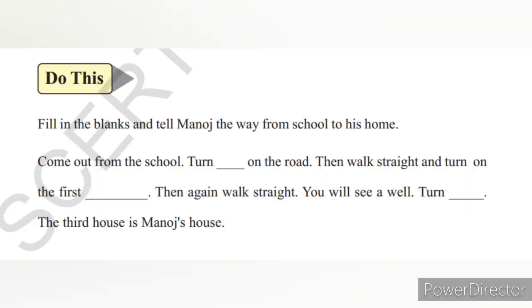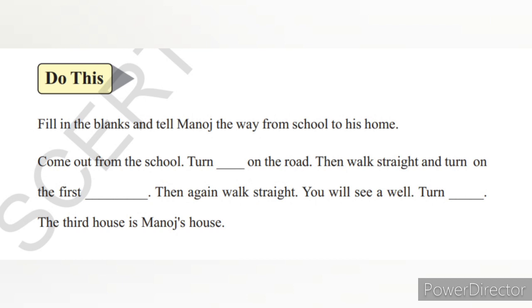do this. Fill in the blanks and tell Manoj the way from school to his home. Come out from the school, turn dash on the road, then walk straight and turn dash on the first, then again walk straight. You will see a well, turn dash.